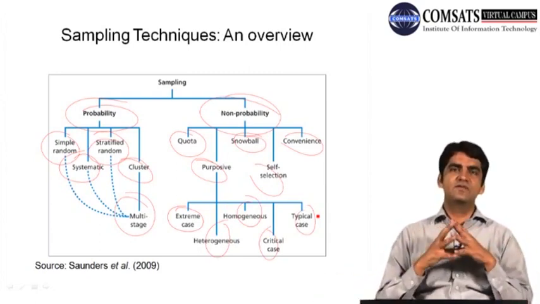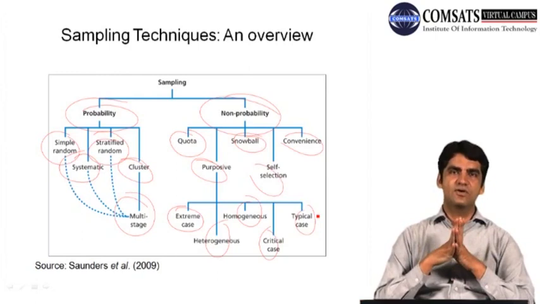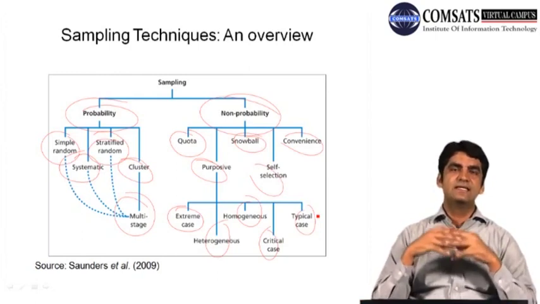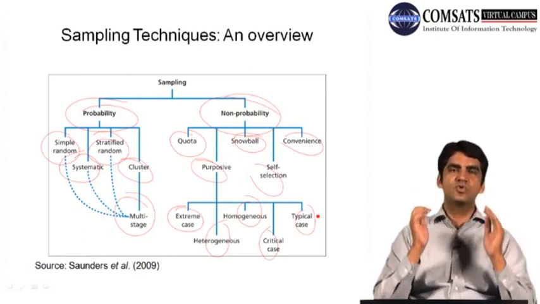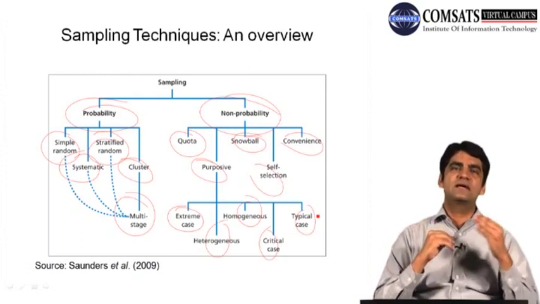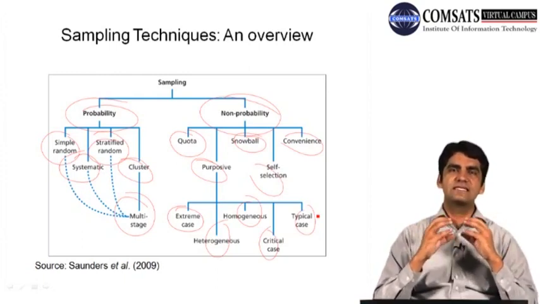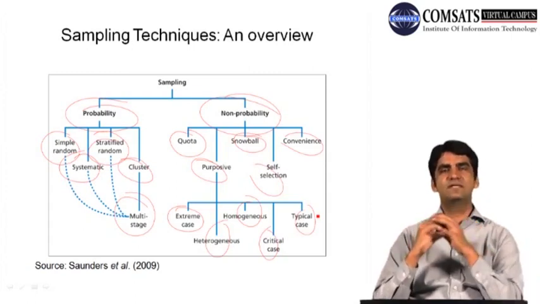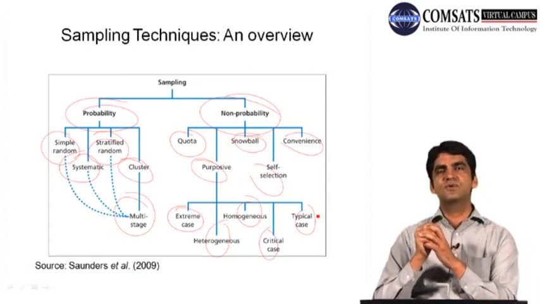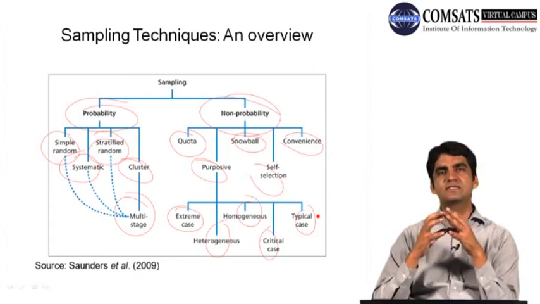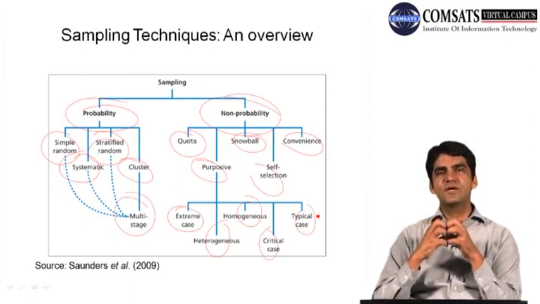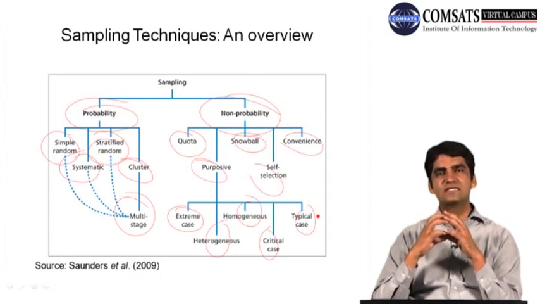The only difference between using probability sampling and non-probability sampling is that within probability sampling you know the population and you can draw the sample from the population based on scientific reasons. While within non-probability sampling, because you don't know your sampling frame, your population is unknown, so your choice of sample size is also non-scientific.